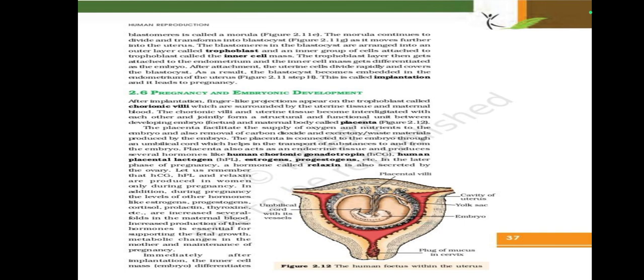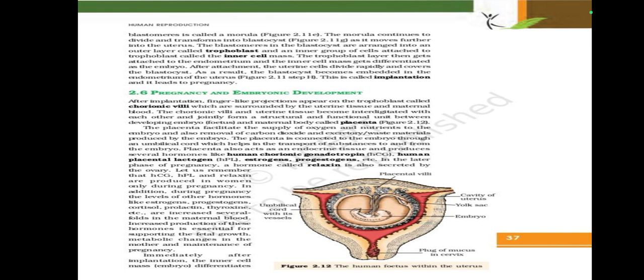In addition, during pregnancy, the levels of other hormones like estrogens, progesterones, cortisol, prolactin, thyroxine, etc. are increased several fold in the maternal blood. Increased production of these hormones is essential for supporting the fetal growth, metabolic changes in the mother, and maintenance of pregnancy.